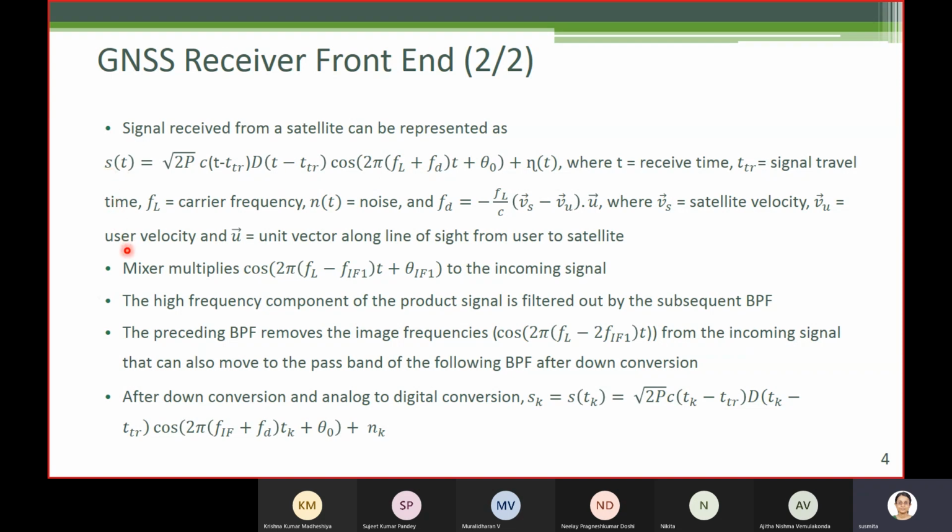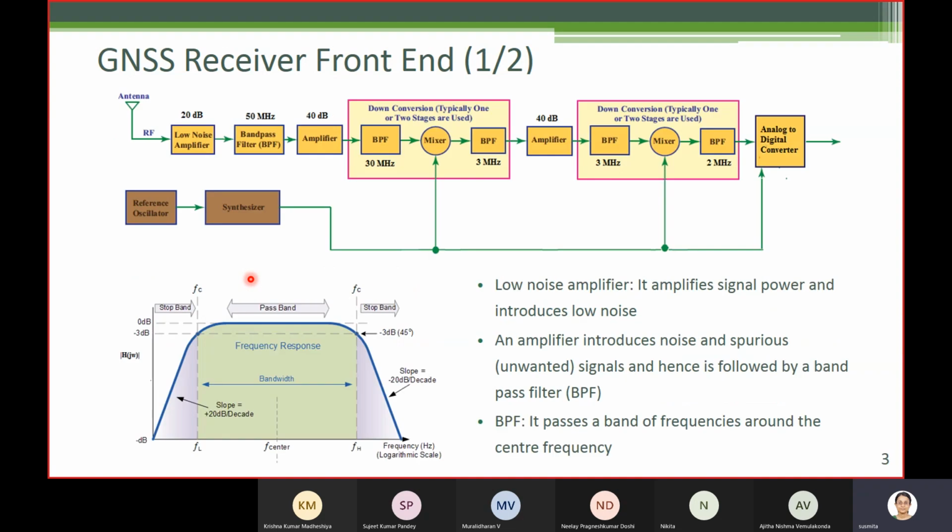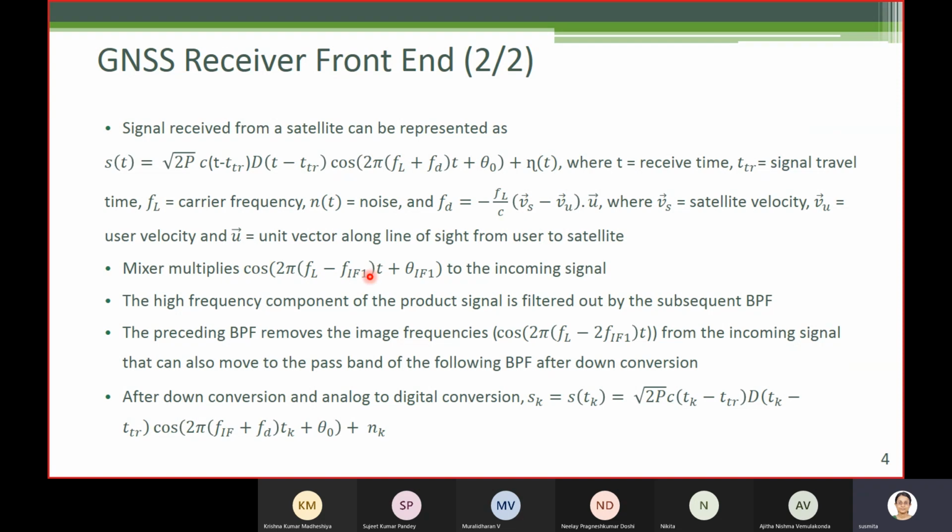Now let's see how mixing or down conversion is performed. So the mixer mathematically multiplies this one. So this S of t is coming here, and the second input is this, which is electronically multiplied to this one.